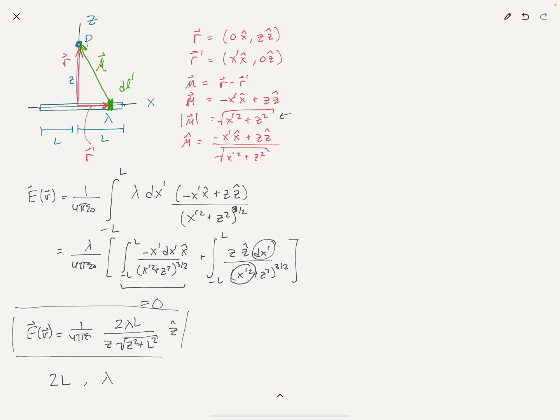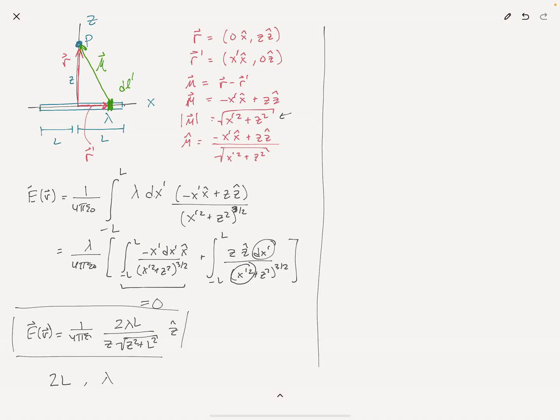Okay, so what? We have this functional form, but how do I even know if it's reasonable or not? Right? We're going to be testing our solutions with things that we know the answer to. So we're basically going to be taking limits of our solutions in different directions to see if we believe that answer or not.